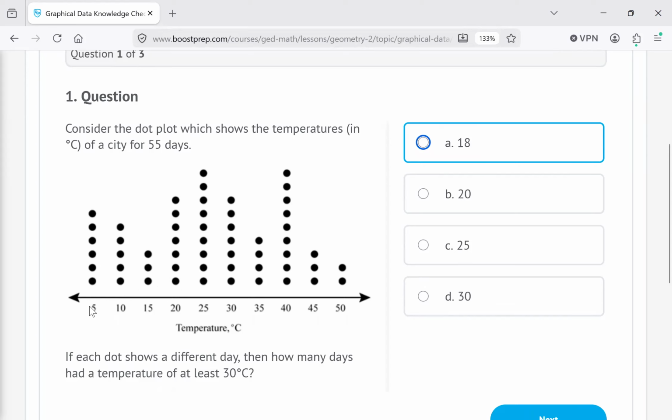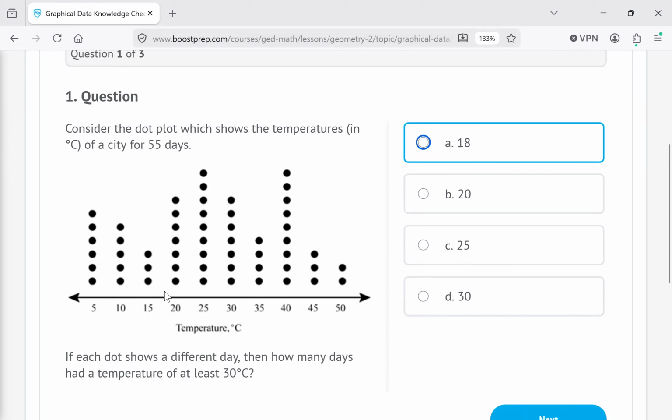For 10 degrees Celsius, it ran for a total of 5 days. And 15 degrees Celsius, it ran for a total of 1, 2, 3 days. So do you see how to read this?